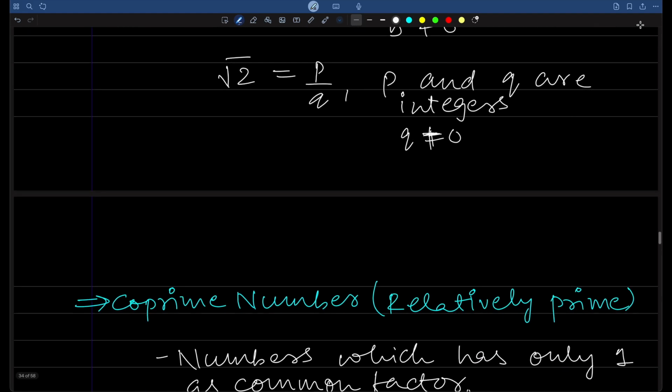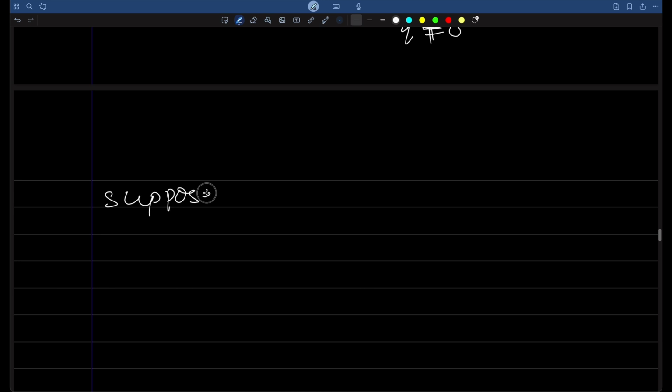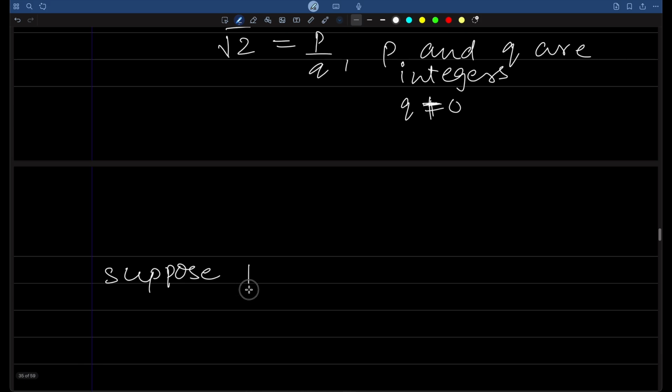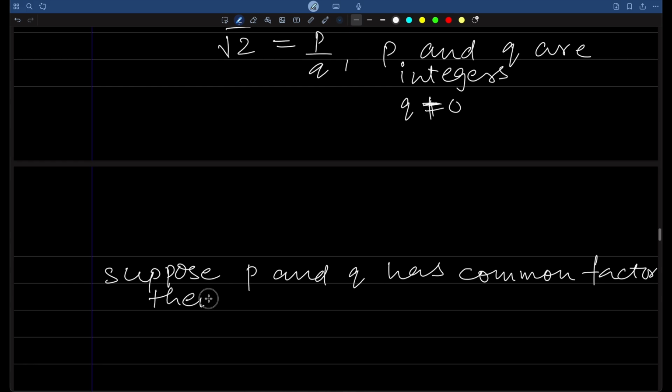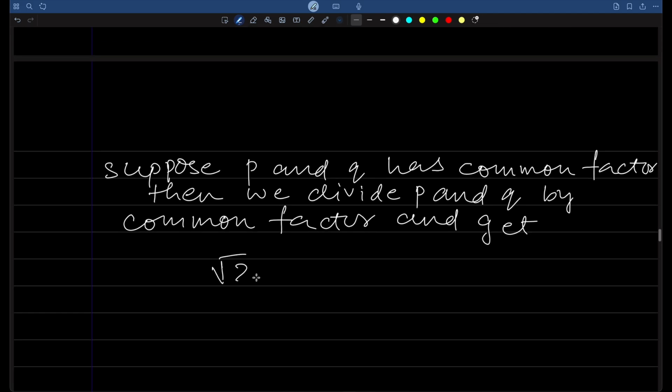Now suppose that p and q have common factors, then we divide p and q by the common factors and get root 2 equals a divided by b, where a and b are co-prime.